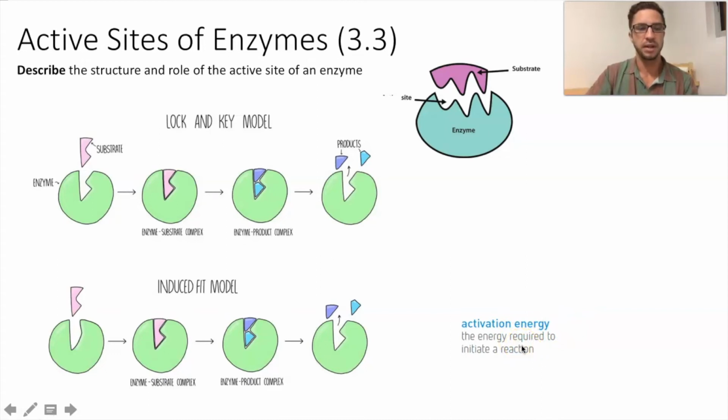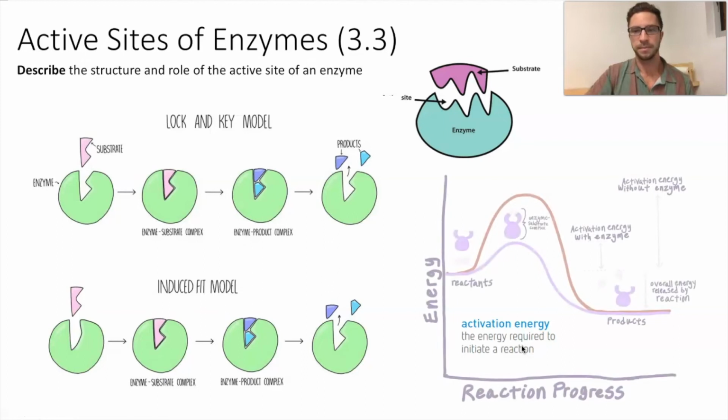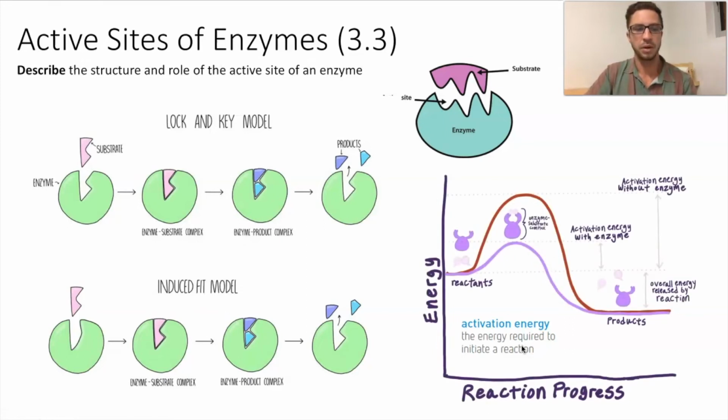So if you look at this diagram here, there's a bit going on, but what it shows us is two lines. On our axes, we have energy, and we also have reaction progress. So let's look at, firstly, the darker shade line.